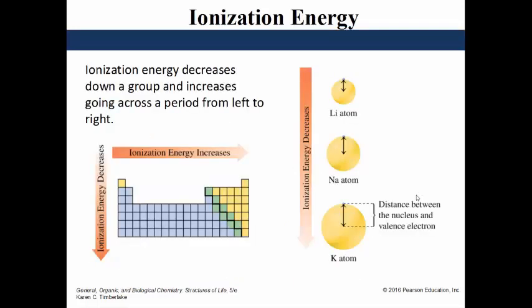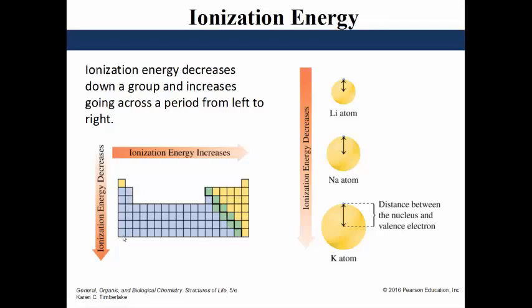All right, here's a quick way to just look at the periodic table and get an idea of what ionization energy would be needed. The energy will decrease when you go down a group and increase as you go across, from left to right. So, a generic image of the periodic table here. When you go down, the ionization energy will get less and less.